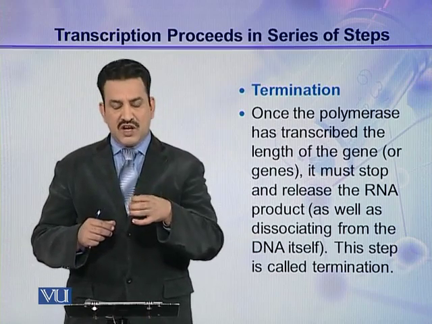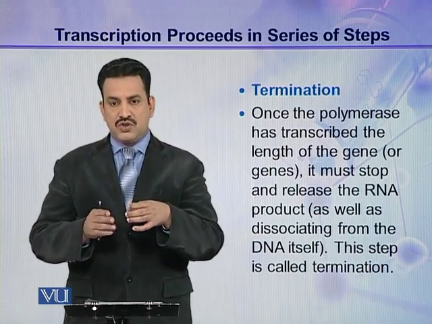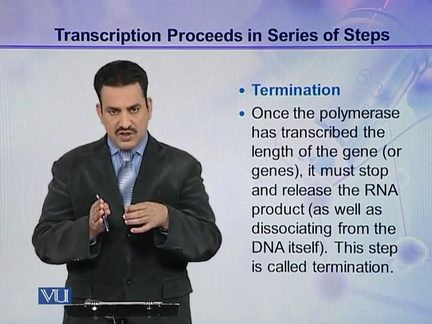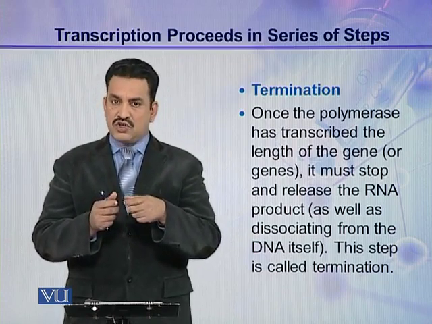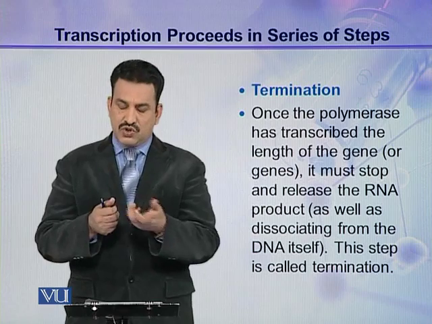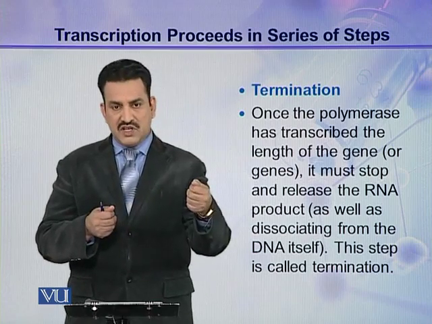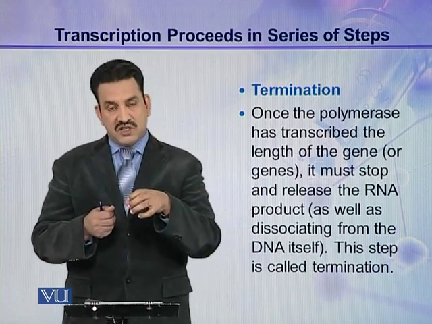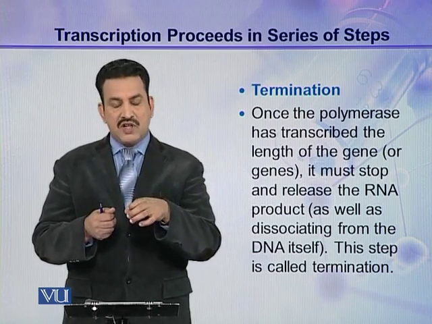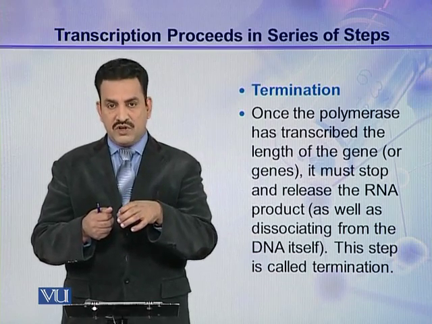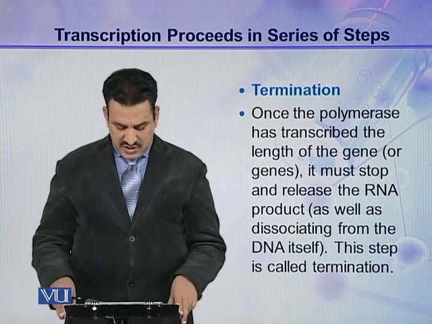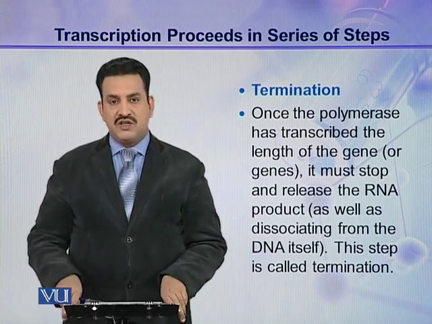So this RNA polymerase should stop synthesizing the strand and remove the RNA from the DNA template, and it should also remove itself from the DNA. This step is called termination.